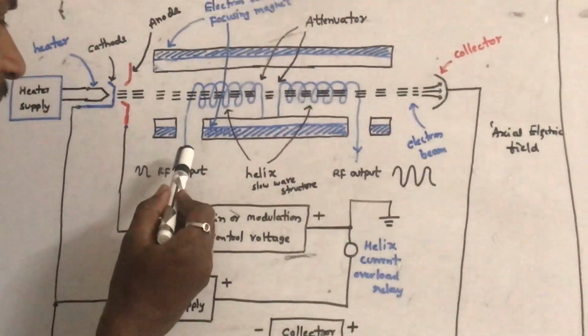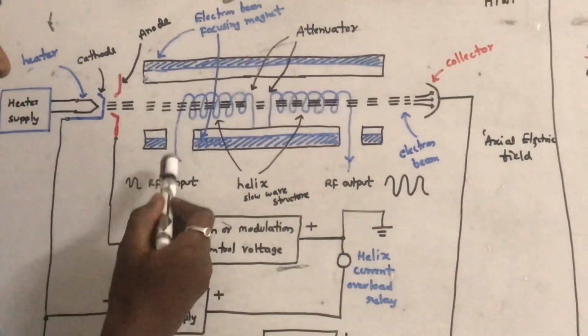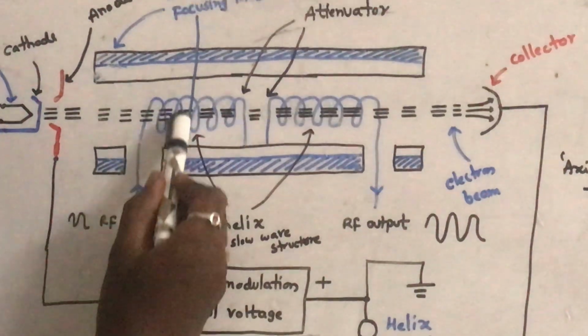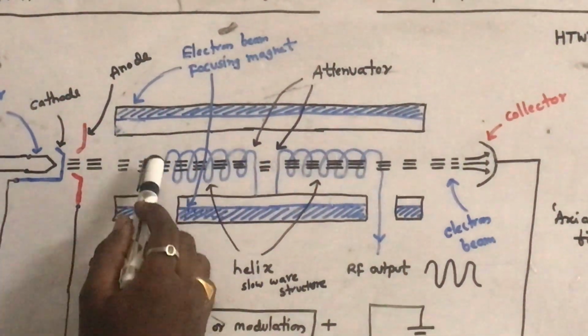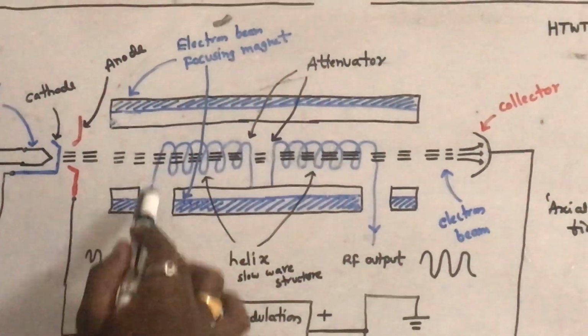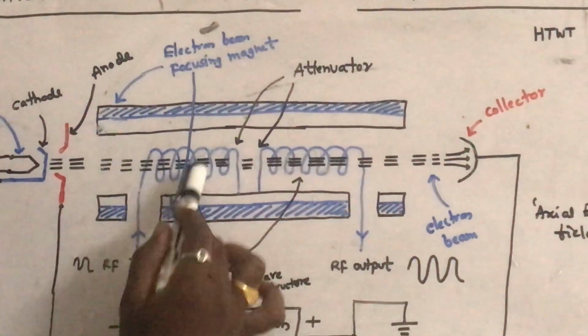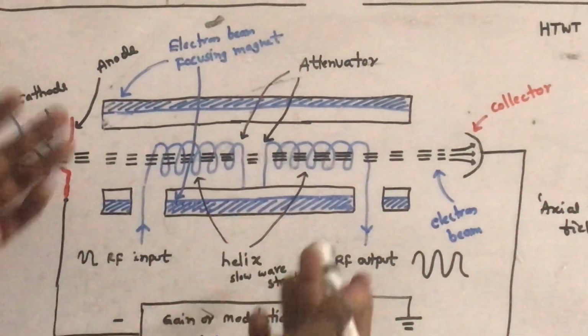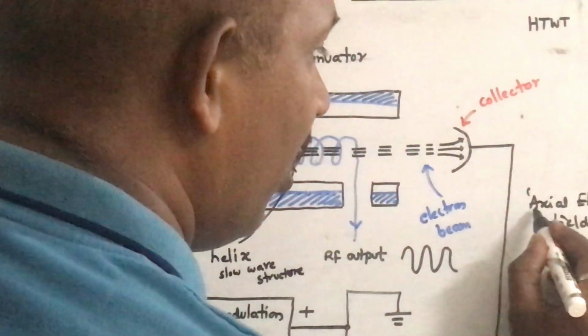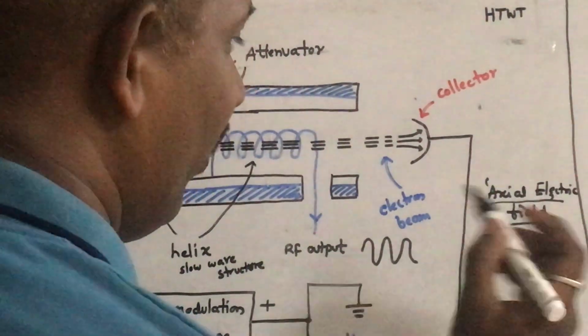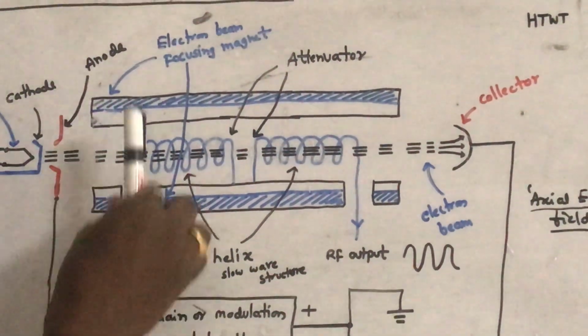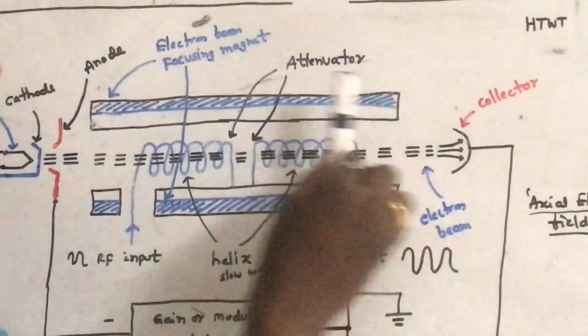Here what you can see is that the RF input is given to the helix. This RF input will travel through the turns of the helix, and this will create an axial electric field. A very important word: axial electric field. This axial electric field will travel in this direction.